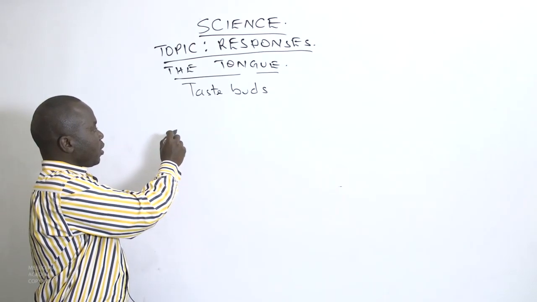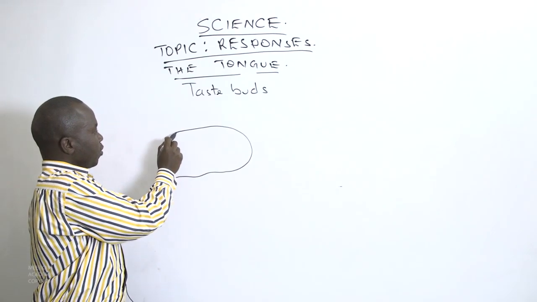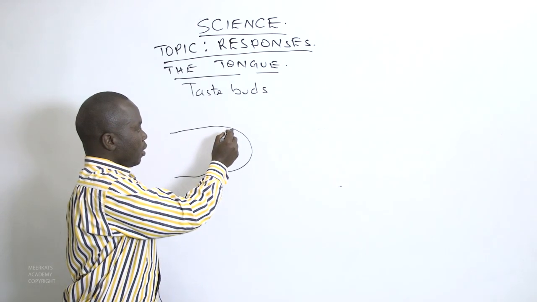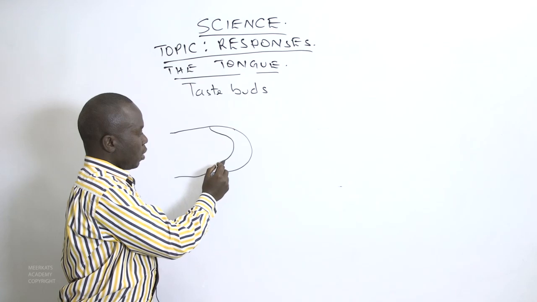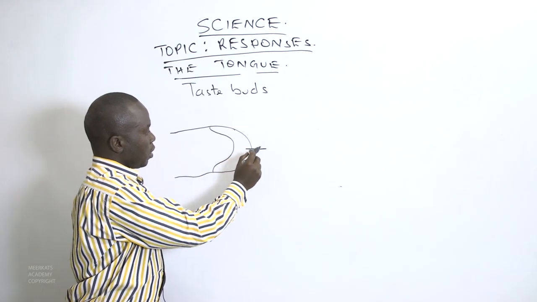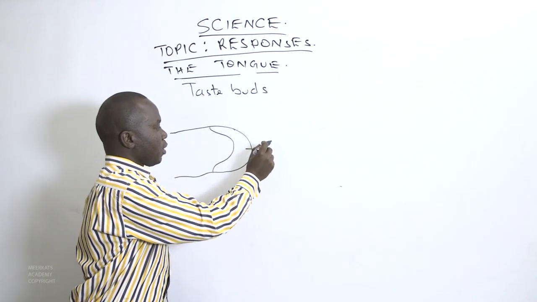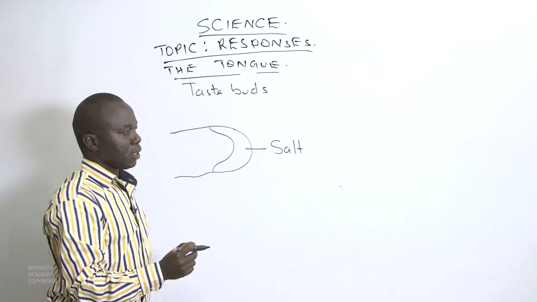So if this is the tongue, a very simple structure of the tongue, this part here, the tip part of the tongue usually is able to taste salts.